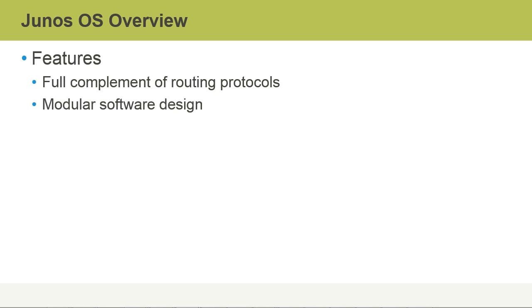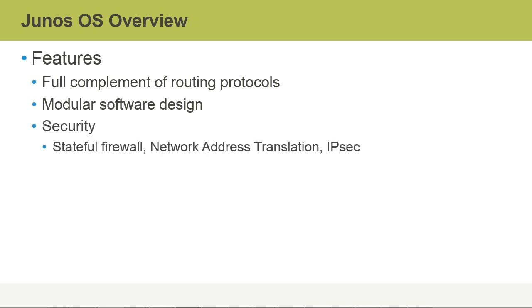Junos operating system features. As you'd expect from any world-class routing, switching, or gateway platform, it supports a full complement of routing protocols, including Open Shortest Path First, Border Gateway Protocol, and Routing Information Protocol, for example. You've already seen that the software is a modular design and some of its inherent advantages.